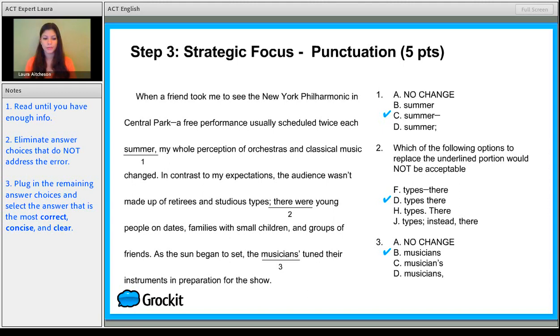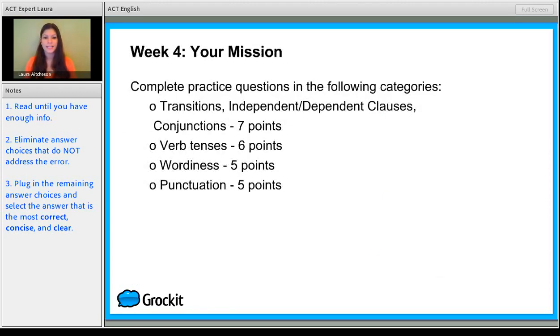Ta-da! Beautiful punctuation practice. The only way you're going to get comfortable with all of this, though, is actually to practice everything. So you're going to be looking for transition questions. You're going to be checking to make sure you're looking at independent and dependent clauses and conjunctions. Make sure you're on the lookout for verb tenses, wordiness, and punctuation for a total of 23 points.